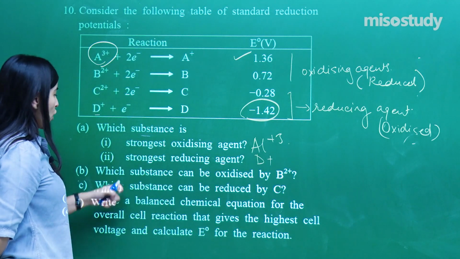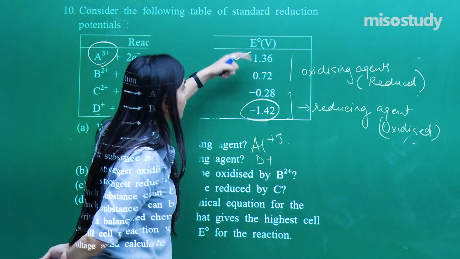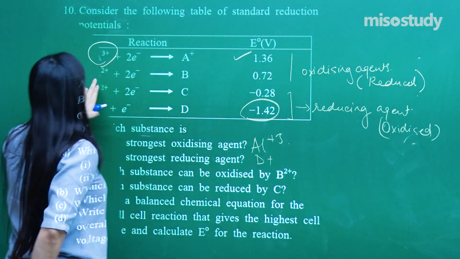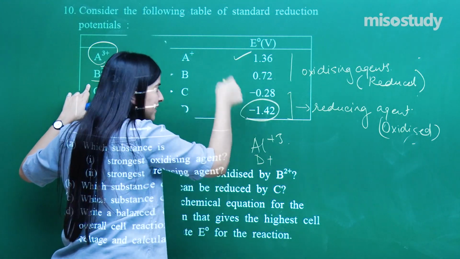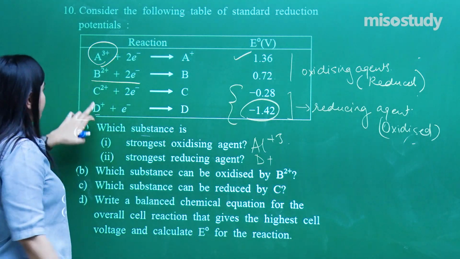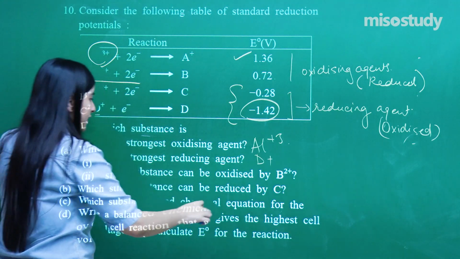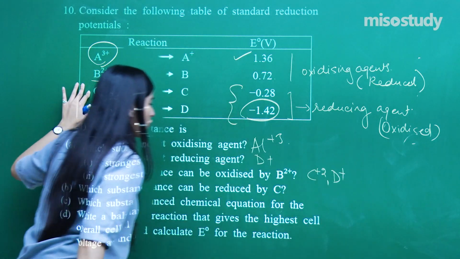Done. Which substance can be oxidized by B plus 2? Now, which is a better oxidizing agent? B plus 2 they are asking. This is a very good oxidizing agent. It can oxidize these two, right? Are you getting it? Okay, so C plus 2 and D positive can be oxidized.